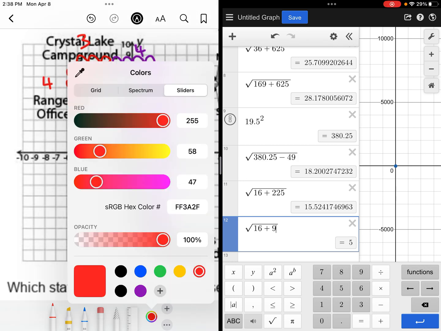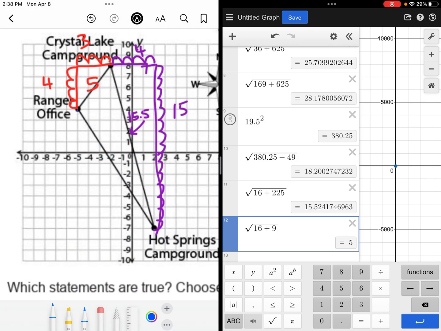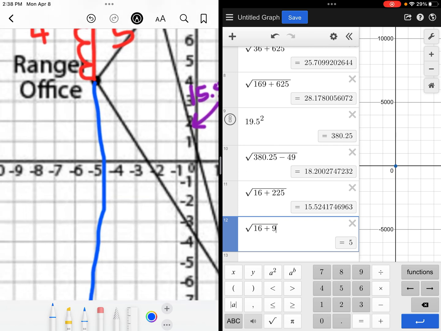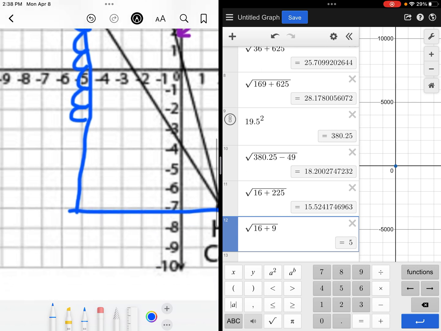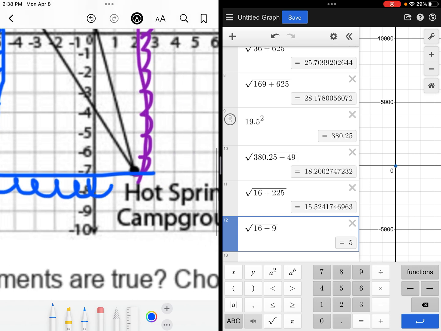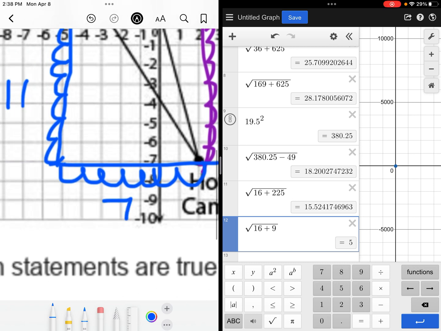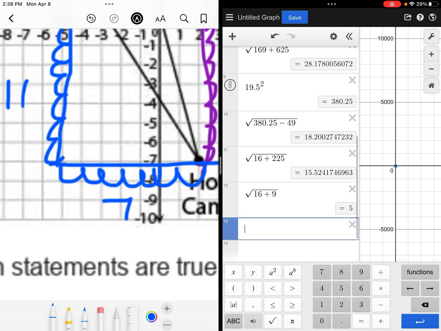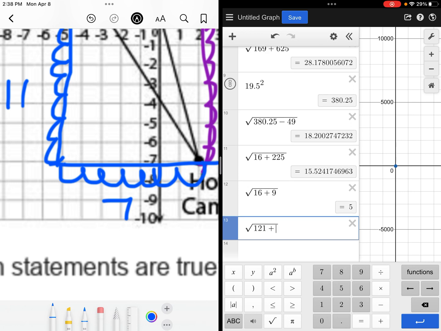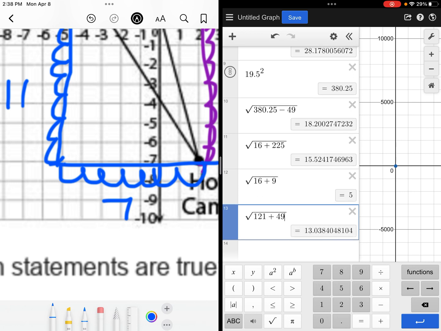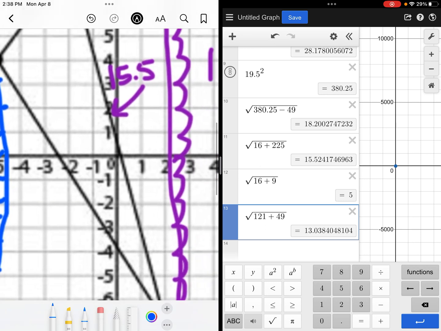And then this last one, 1, 2, 3, 4, 5, 6, 7, 8, 9, 10, 11. 1, 2, 3, 4, 5, 6, 7. So the square root of 121 plus 49. And I get 13.